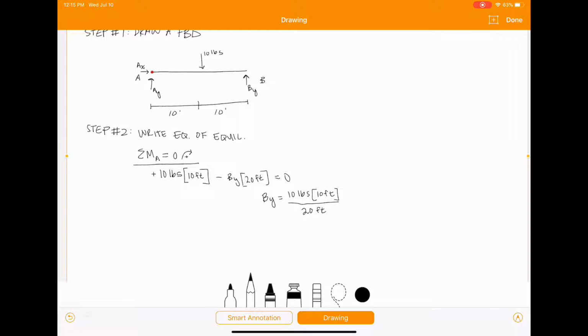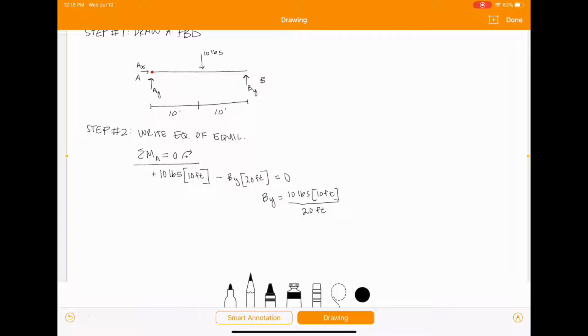So 10 pounds is going to push down, which is going to cause that beam to rotate about point A in a clockwise fashion, which is going to be positive, and BY is going to cause it to go counterclockwise, which is negative, which is what we have. So we're good.